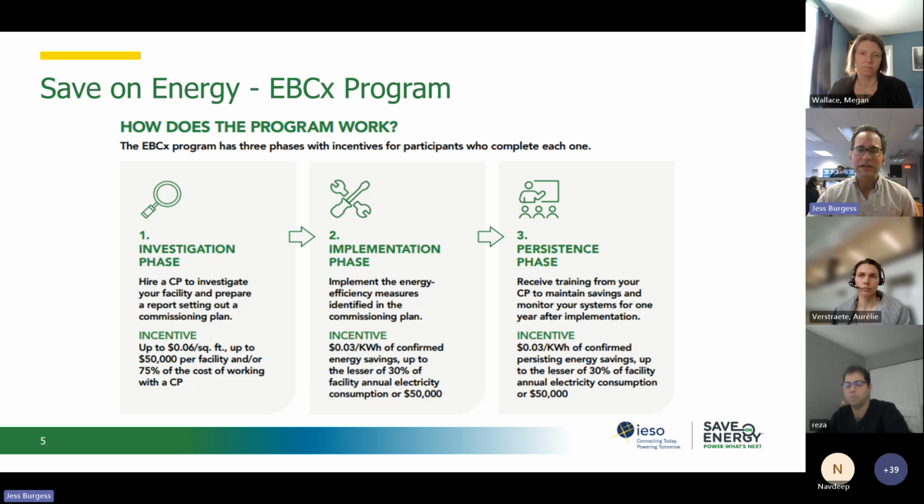Your building needs access to a minimum of 12 months of consecutive energy data. Your building needs to consume at a minimum 750,000 kilowatt hours per year. And in order to participate, your building will need to create some simple baseline models to be able to measure energy change over time.